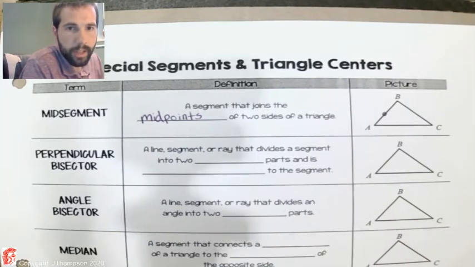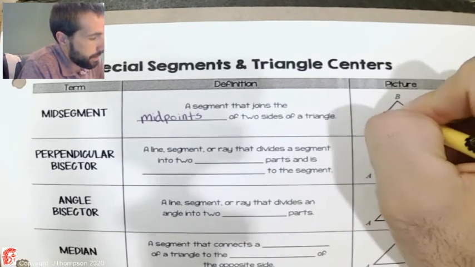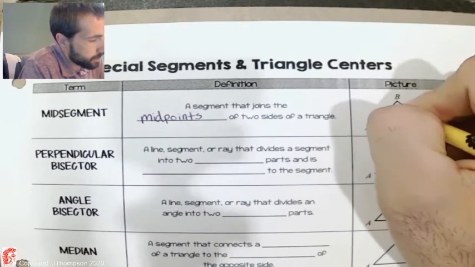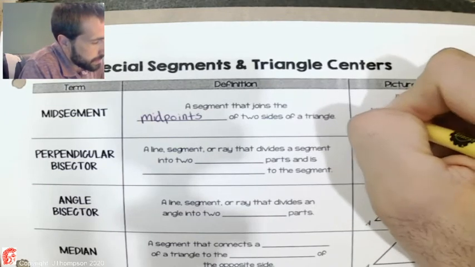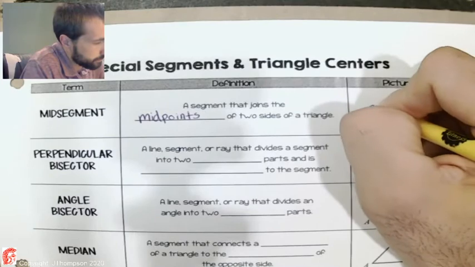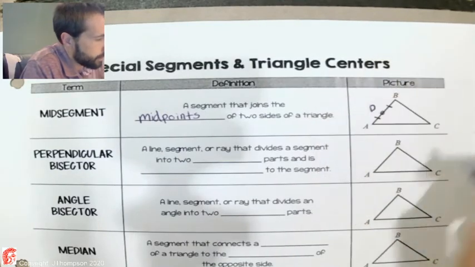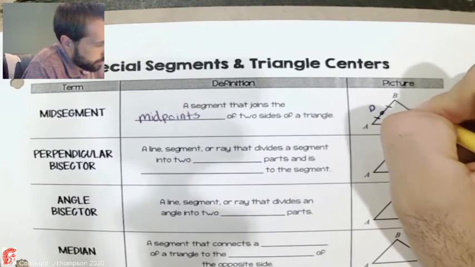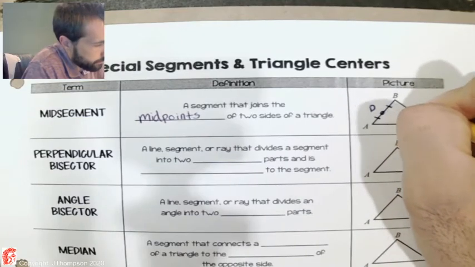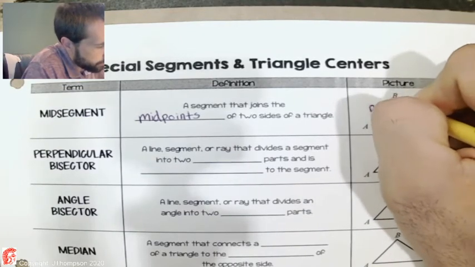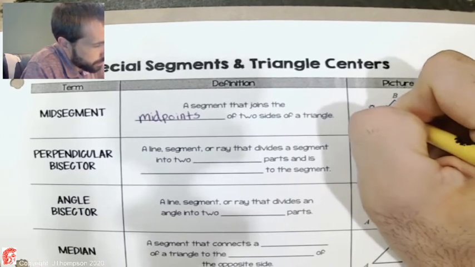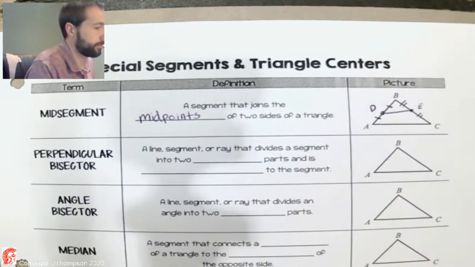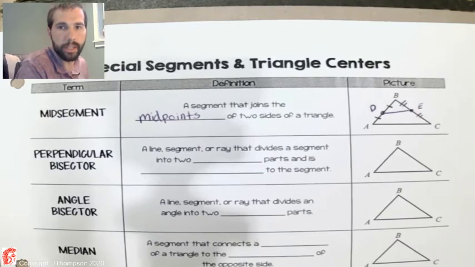So if that point right there is the midpoint of AB, we're going to put tick marks. Let's call this point D. And then we'll find the midpoint of segment BC. And we'll call that point E. And we'll put the tick marks over there as well. And then we connect the midpoints. Okay, so that's what a midsegment looks like.